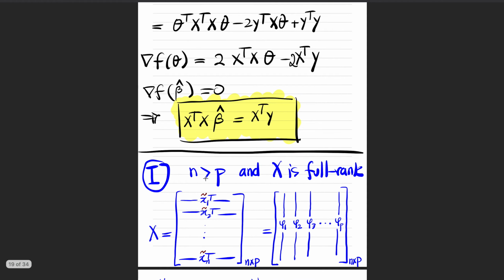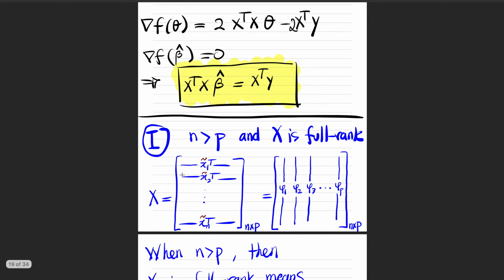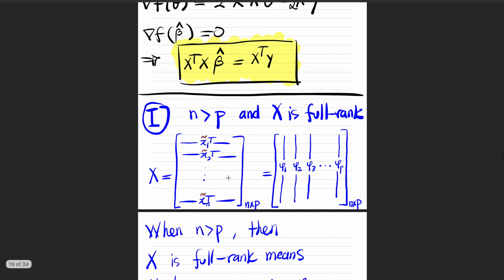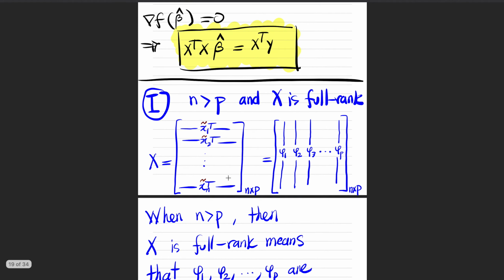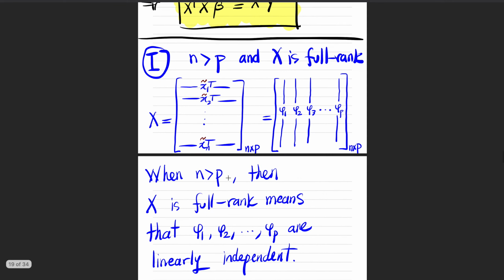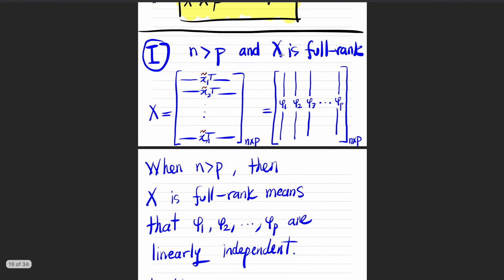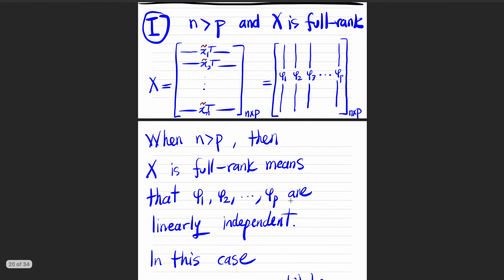But if n is greater than p, so you have more observations than predictors, and x is full rank, then this is what will happen. What does it mean for x to be full rank? When n is greater than p, x being full rank means that the columns of x are linearly independent.